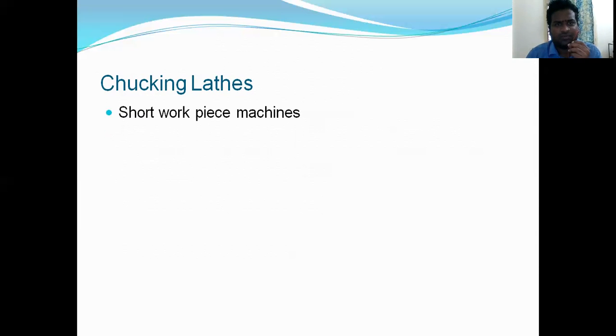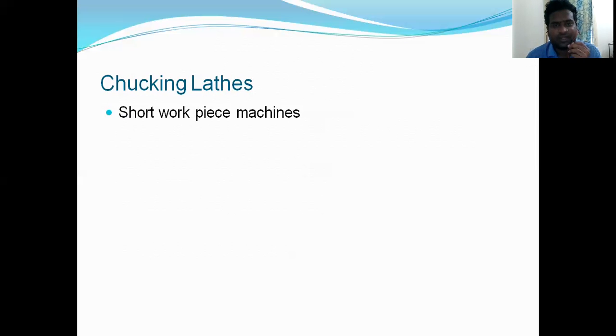Chucking lathes are suitable for short workpiece machining. So lengthy jobs are not done by chucking lathes. We can easily tell this because here there is no tailstock. What is the main purpose of the tailstock?